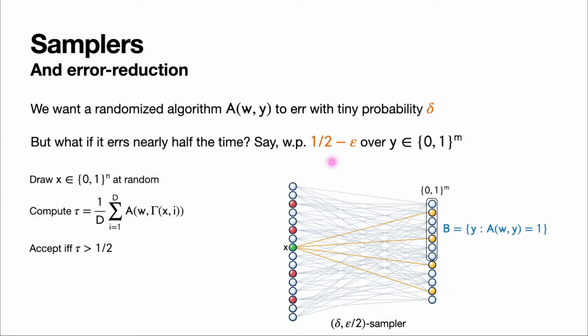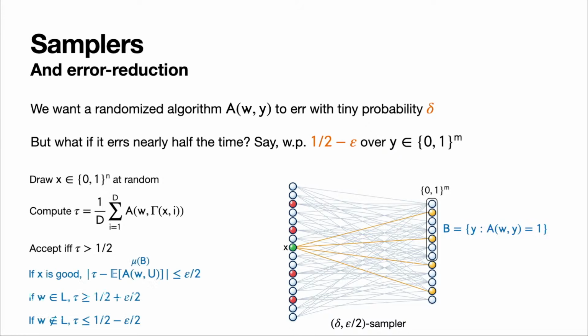Now, let's denote B to be the set of randomness strings for a fixed input under which the algorithm says yes. Note that if the sampler is good, in terms of it approximating B well, then tau minus mu of B, where mu of B is just the expectation of A of W on a uniform randomness string, is at most epsilon over 2.